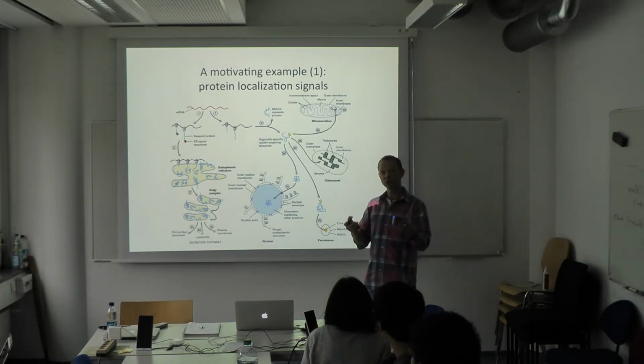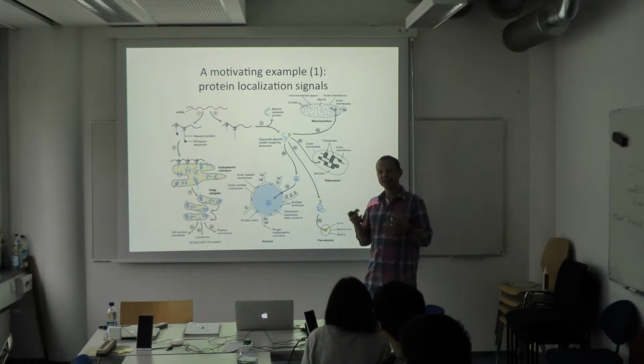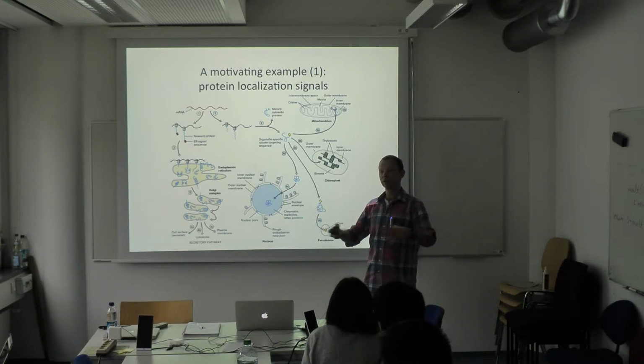That three-dimensional structure, as it happens, might have a nuclear localization signal on its surface, which will allow it to interact with so-called importins. This is a general mechanism across many species.